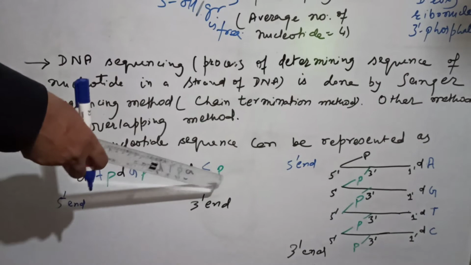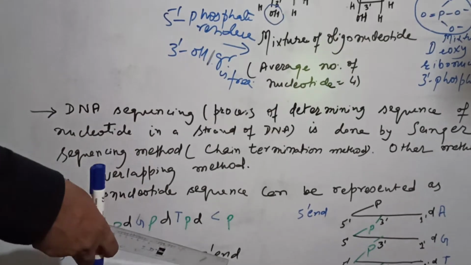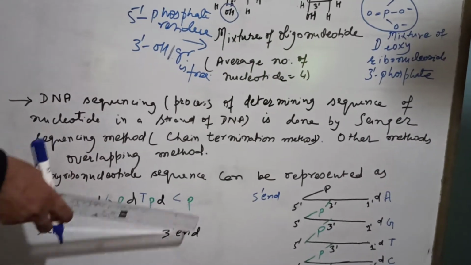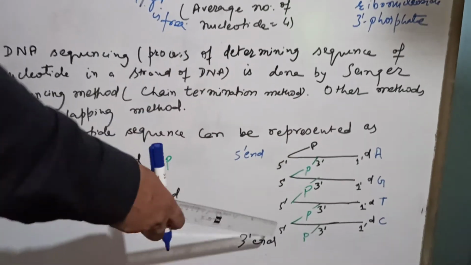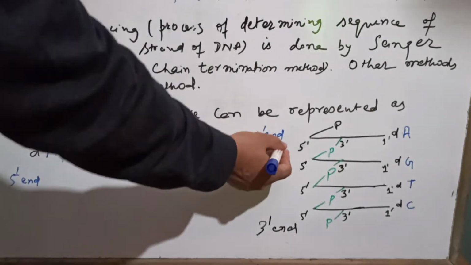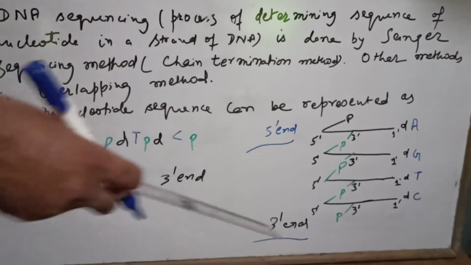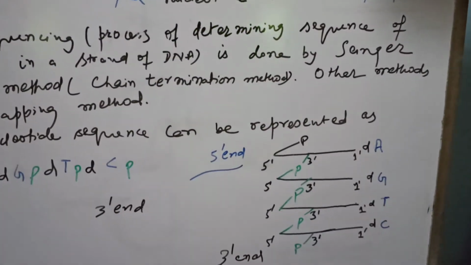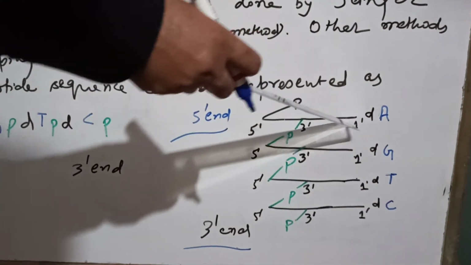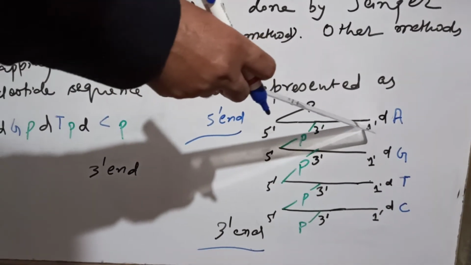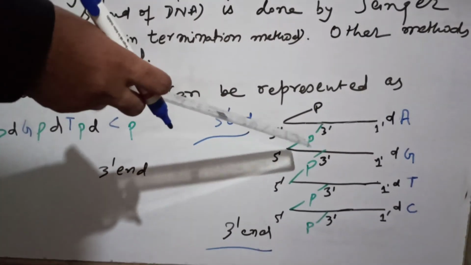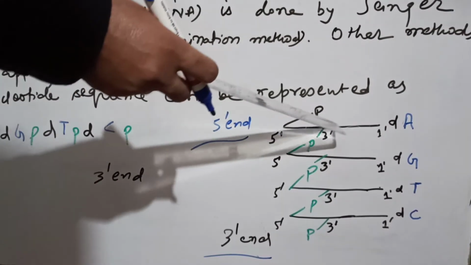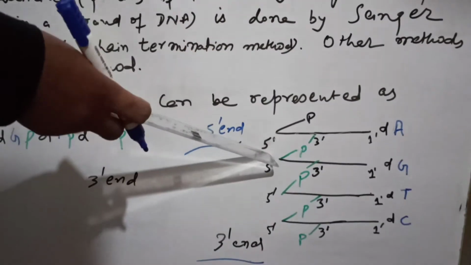Obviously a phosphate is there at the 3 position. In the line representation, this is the 5 prime end, this is the 3 prime end, and this is the deoxyribose sugar phosphate backbone. So you have the 5 prime and 3 prime positions and the 1 prime position of the bases.